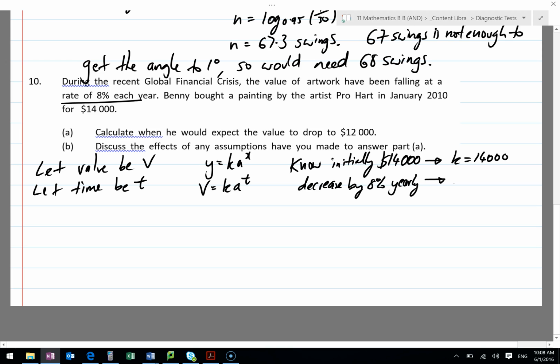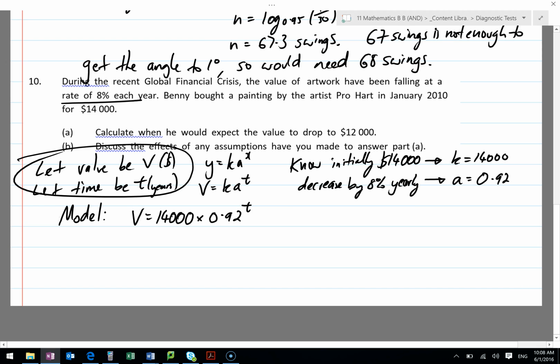This tells me that the A value will be 0.92. So start with 100%, minus 8 gives me 92%, and convert that to a decimal. That's the idea. So my model for this scenario is the value will be 14,000 times 0.92 to the power t, where t is in years. Always make sure you do this part, defining the variables.